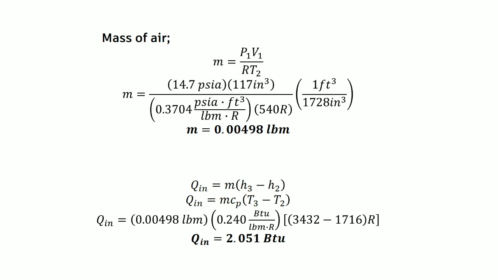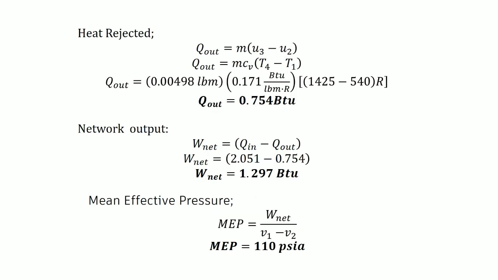Now the heat addition in this cycle is 2.051 BTU. For the heat rejected, we use the mass, the constant volume specific heat, and the difference between the temperatures at states 1 and 4. We now have the heat rejection to be 0.754 BTU.